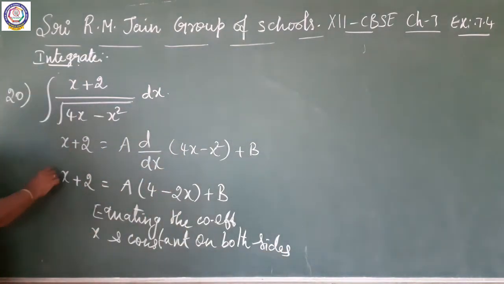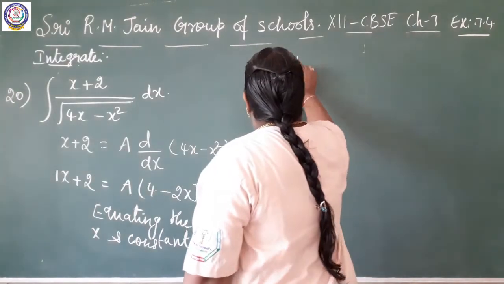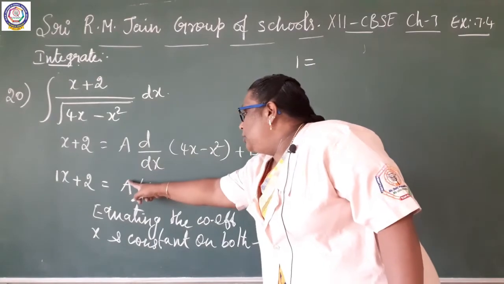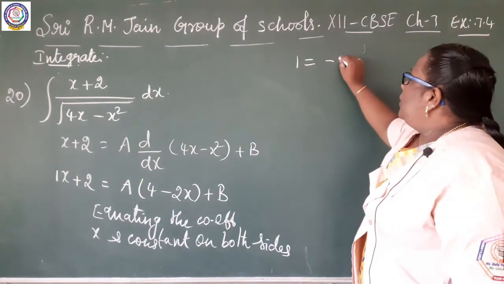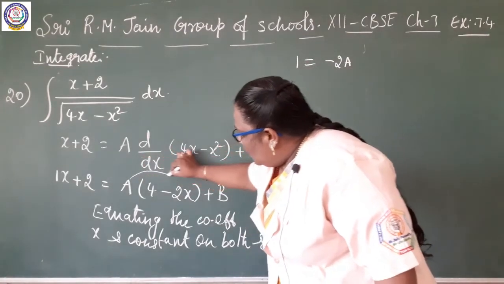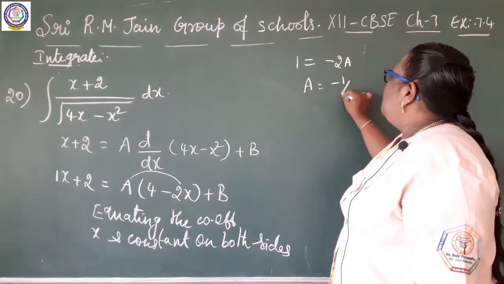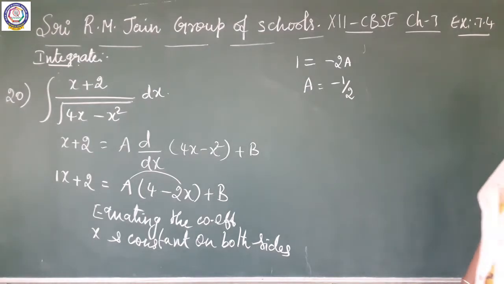See, what is the coefficient of x here? 1. 1 equal to the coefficient of x here, minus 2a. So, a equal to minus 1 by 2.